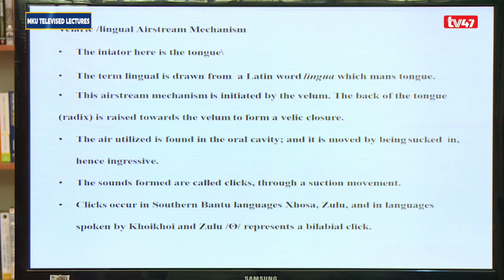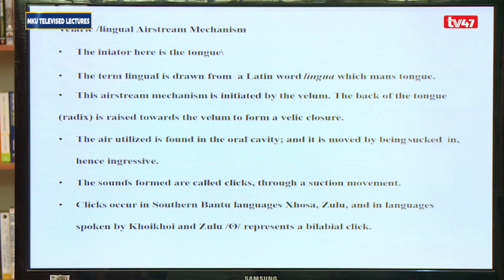So here in the velaric or the lingual airstream mechanism, the initiator is the tongue. This airstream mechanism is initiated by the velum.